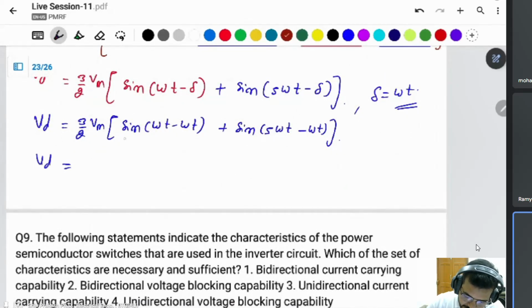You can see here for the fundamental frequency, the Vd, if harmonics is not there, then this will be 0. Sin ωt minus ωt, sin 0 value is 0.